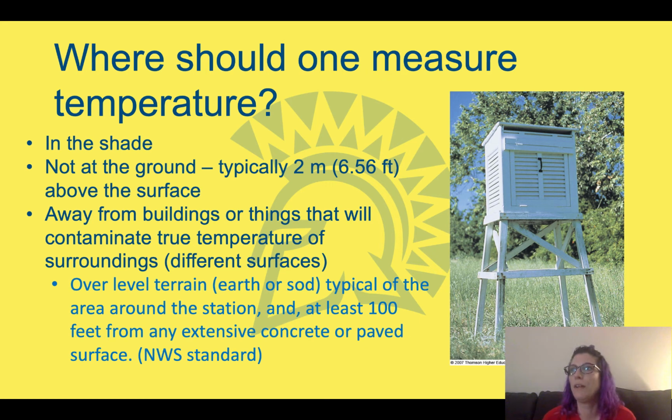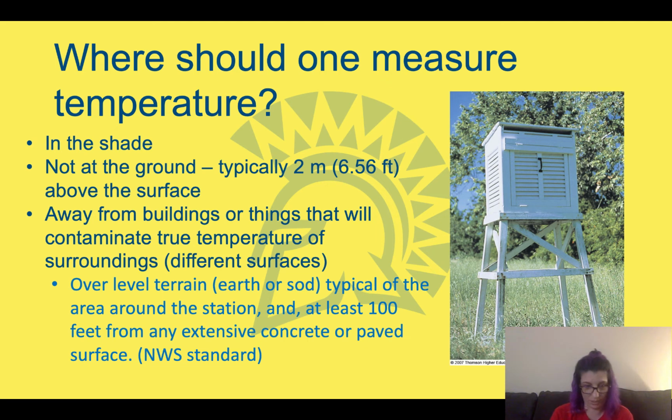So, if you've ever driven by some sort of building that has a temperature display on top of it or on the side of it, and it's like 200 degrees or something, the reason why is those standards aren't being adhered to. It might be on a roof, or directly on the ground, or in different places that just aren't the correct way to do it.